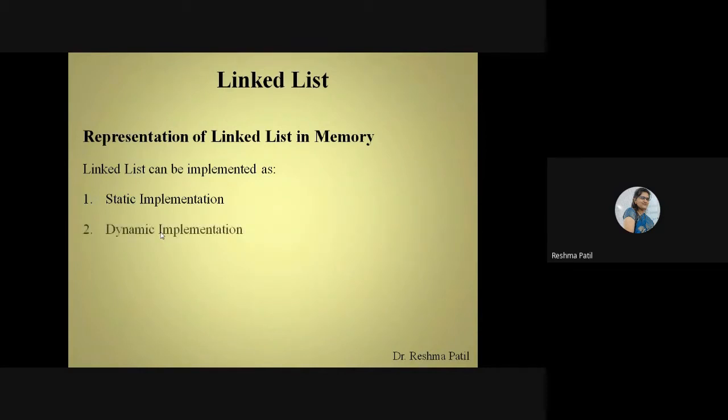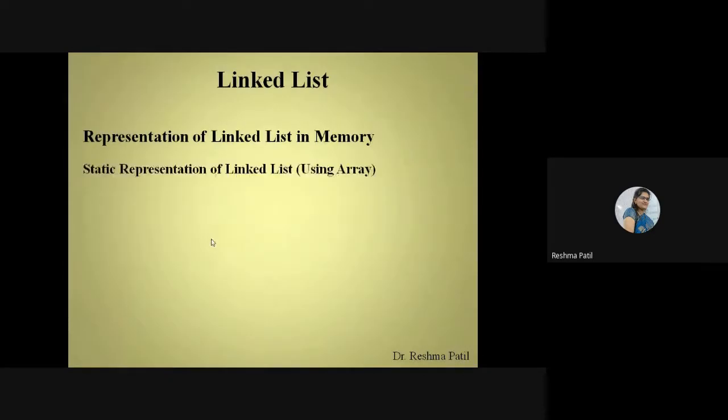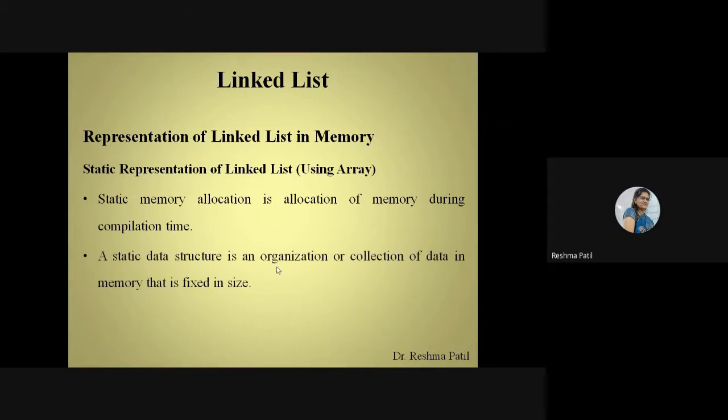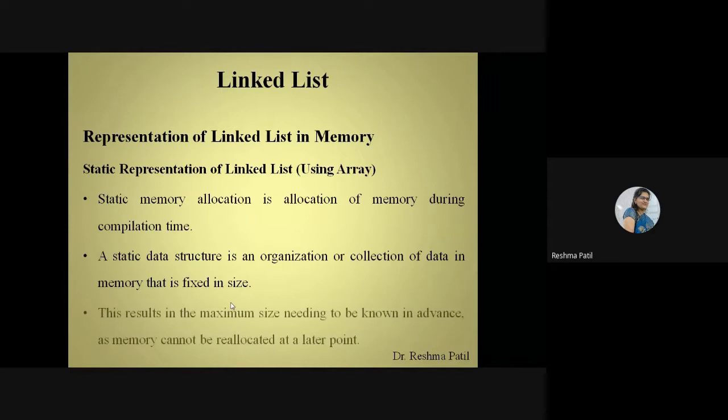These are the representations of a linked list, how we can represent a linked list in memory: static implementation and dynamic implementation. Static representation of a linked list uses an array. Static memory allocation is the allocation of memory during compilation time. A static data structure is an organization or collection of data in memory that is fixed in size, that we cannot change at runtime.